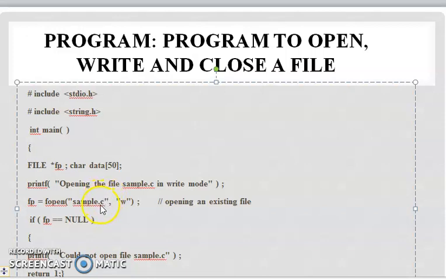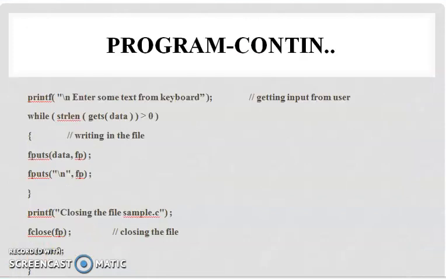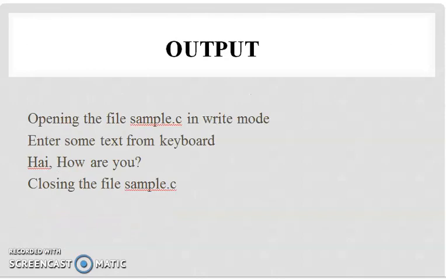Next check whether the file is open or not. Next check whether the length of the data is greater than 0. If it is greater than 0, we write the data to the file pointer variable using the fputs function, and at last we display the data in the file pointer variable fp. After displaying, we close the file. This is a sample output for the above program.